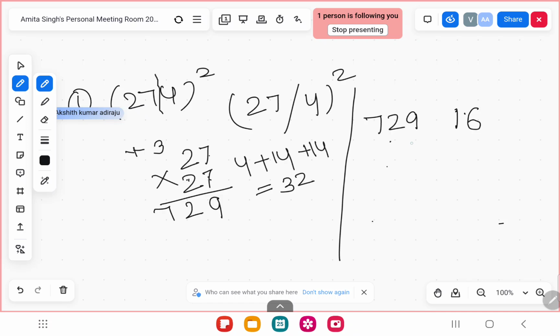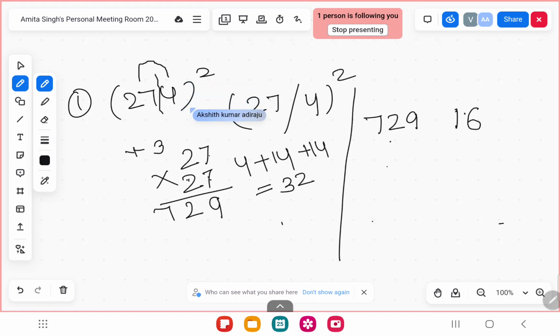Then we have to multiply 27 into 4 and double that. But here is a little sneaky method.